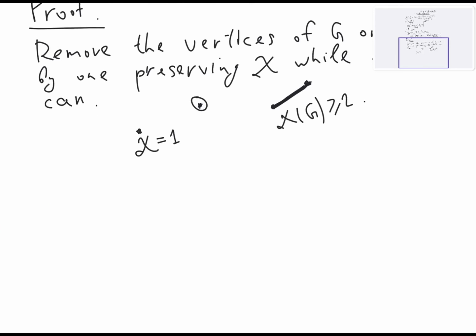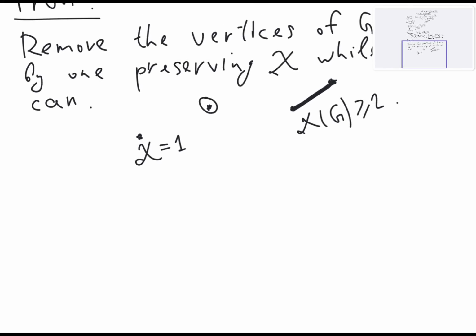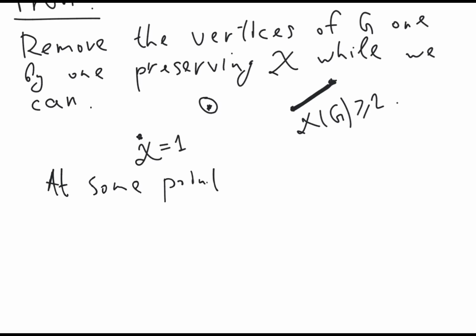So at some point we would no longer be able to remove a vertex, preserving the chromatic number, and we would stop.